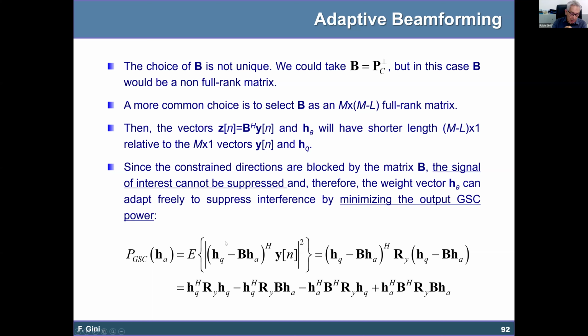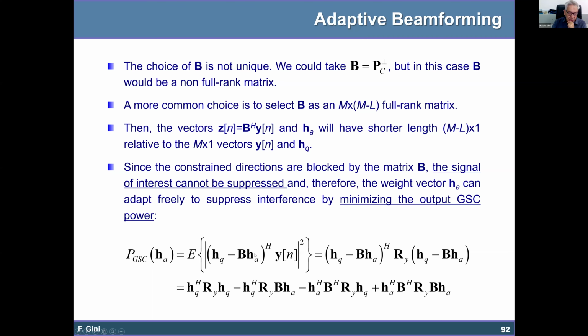Now, how do we design HA? The weight vector should be made adaptive, and it has the purpose to suppress interference. Because it has to suppress the interference, we design the adaptive beamformer HA by minimizing the output power, exactly as we have done with the constrained beamformer.